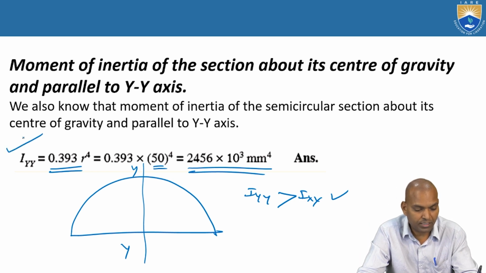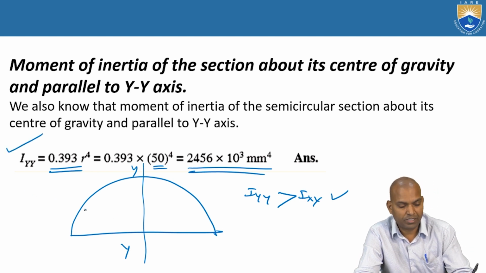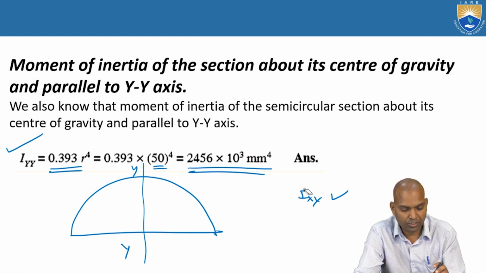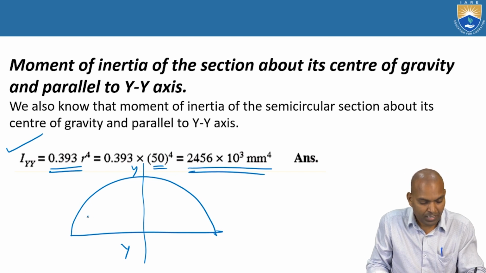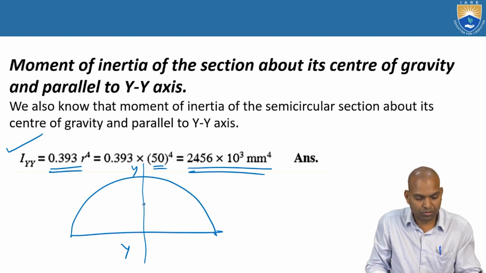How we got this 0.393 r power 4? We already derived the expression. Okay, one more time, we will find out how we are going to get it. This is the centroidal axis passing through it, parallel to y axis.